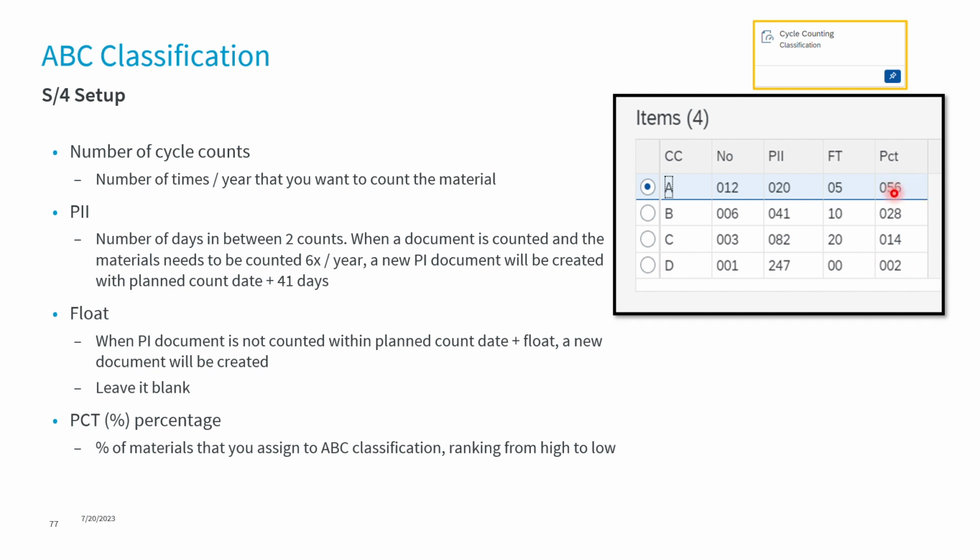These percentages represent the value which falls under category A. So the first 56% of value, we consider as category A materials. Then the next 28% of value, we consider as B category materials. Subsequently 14 and 2 for C and D category materials. So this is the configuration required, which needs to be done in the physical inventory node.